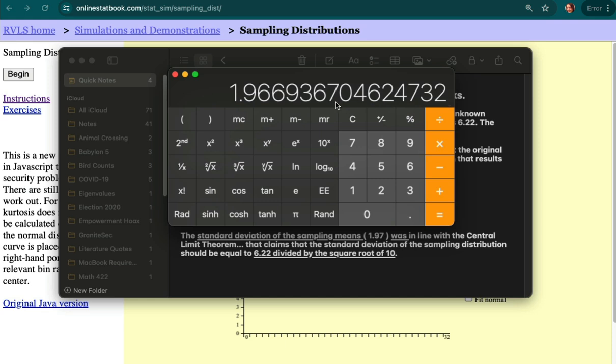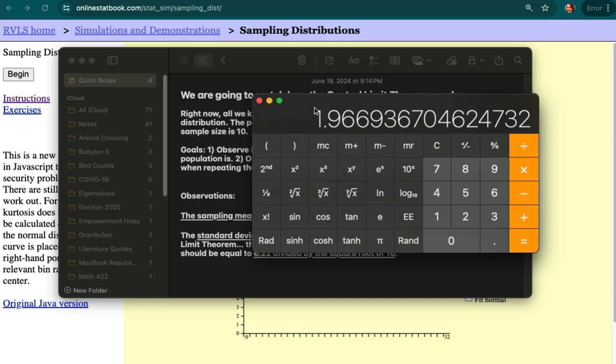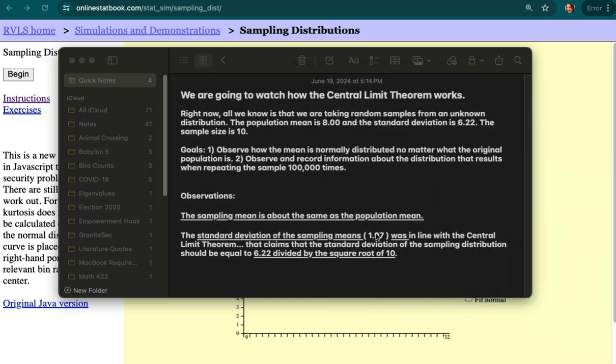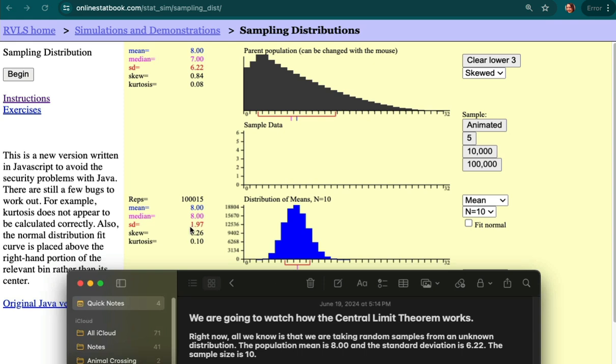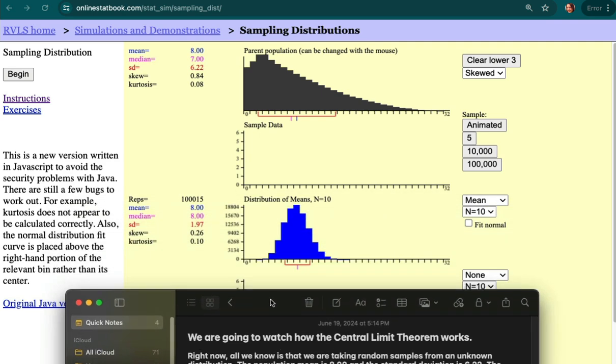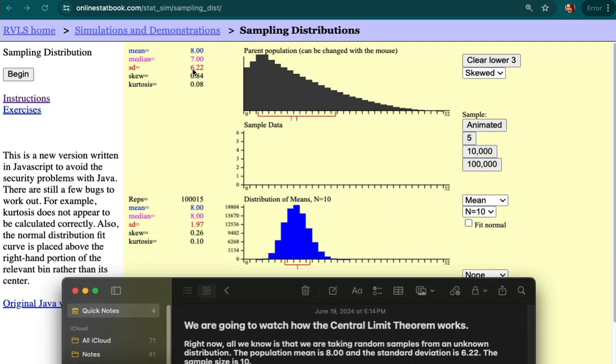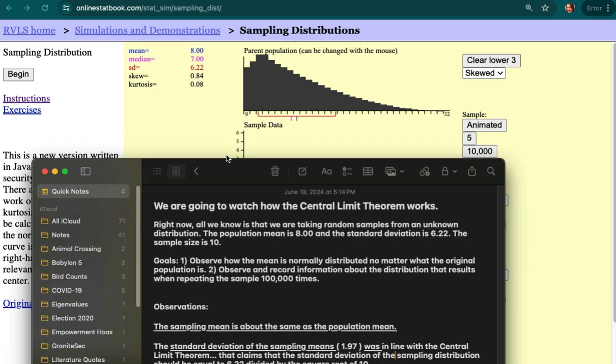So it's not an exact number, but if we round it to the nearest hundredth, we get 1.97, and that's exactly what the standard deviation of our X bars was. The standard deviation of all of our X bars was 1.97. And that's exactly equal to sigma, which is 6.22, divided by the square root of n, which was the square root of 10. All right?